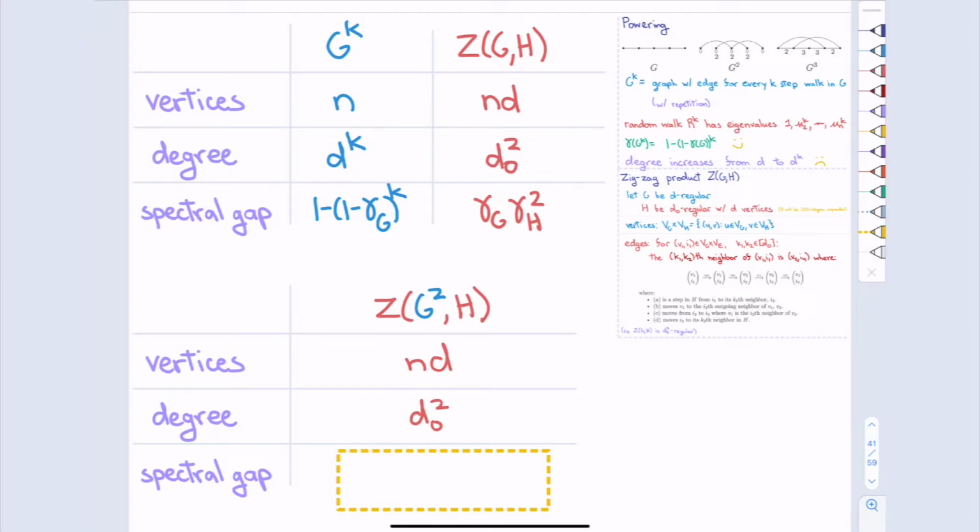And then finally the spectral gap is not quite ZGH; it will include it, but it's not just that.